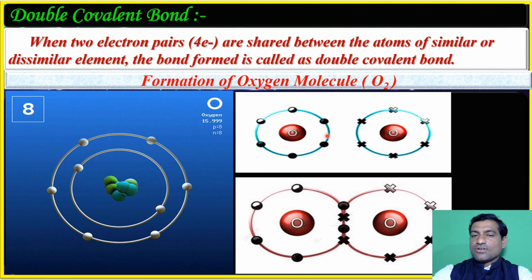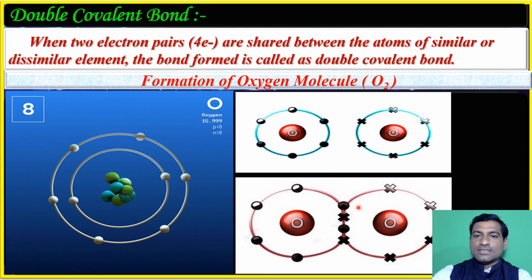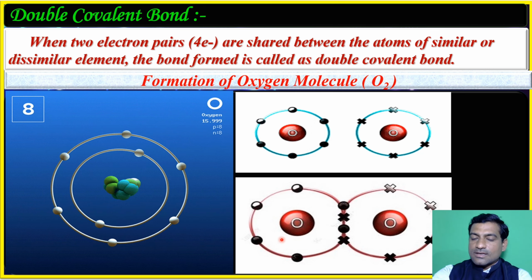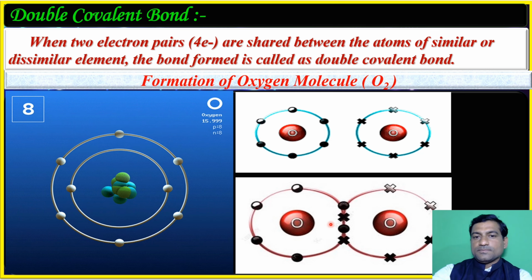See here, the last orbit of this oxygen contains 6 electrons, and the other oxygen also contains 6 electrons in the last orbit. One oxygen shares 2 electrons, another oxygen shares 2 electrons. These 4 electrons are shared between the 2 oxygen atoms, and there is a formation of a double bond.